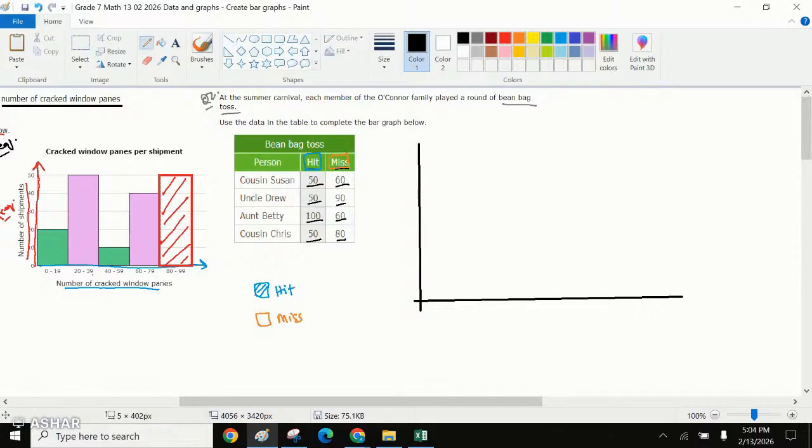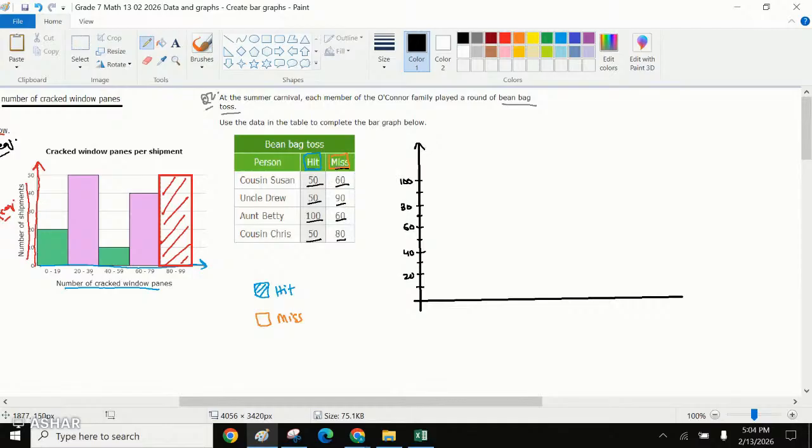On the vertical axis, the maximum value can be 100. So if we take 10, 20, 30, 40, 50, 60, 80, 100 can be the maximum possible value.